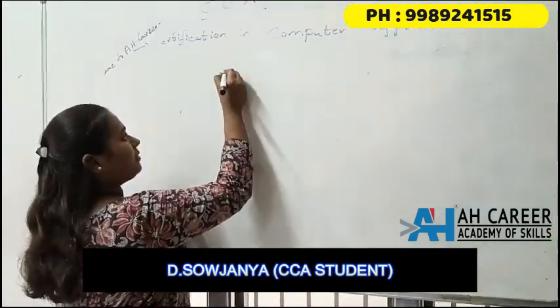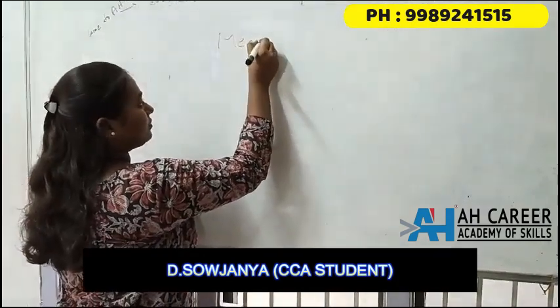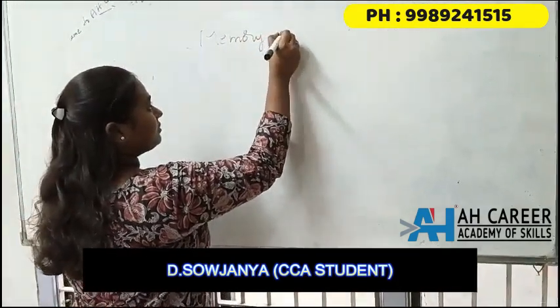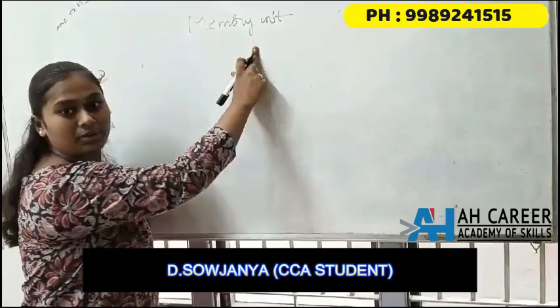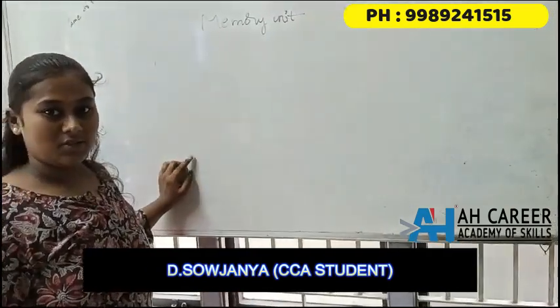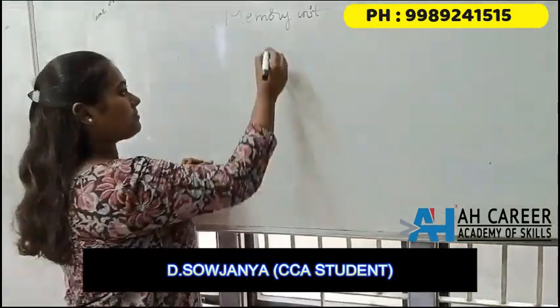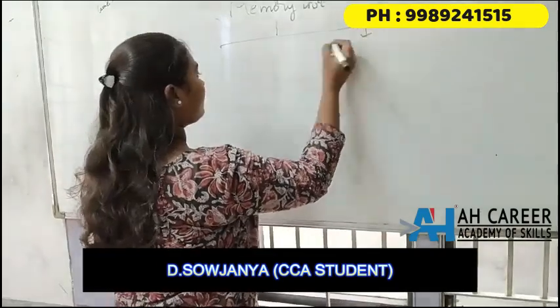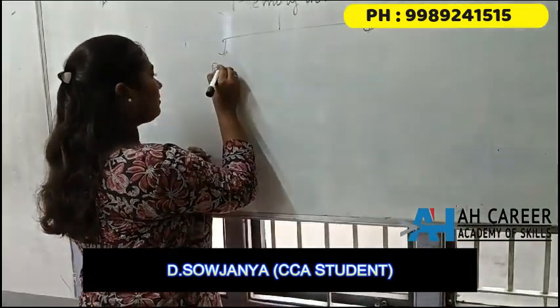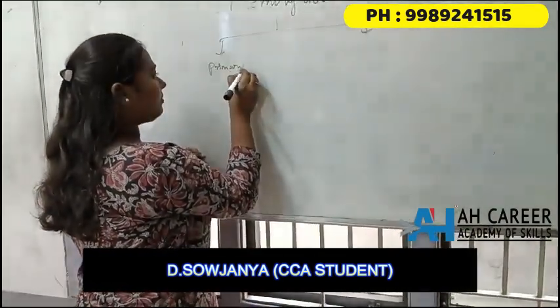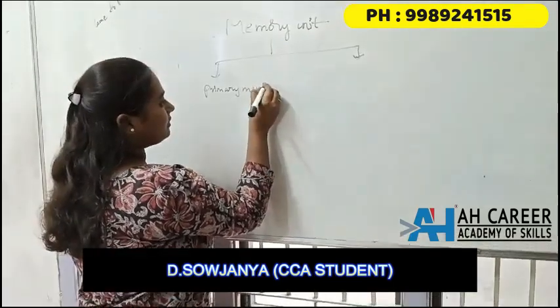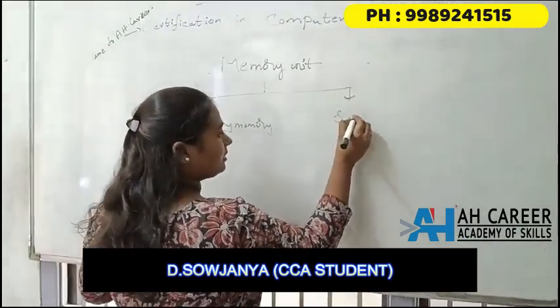Let us see the memory unit. The memory unit is a place where data is stored. It is of two types: primary memory and secondary memory.